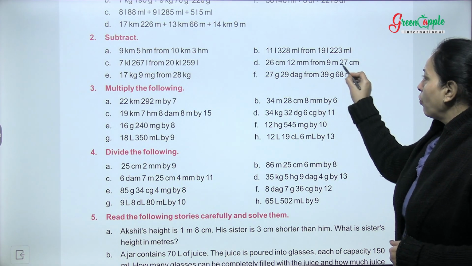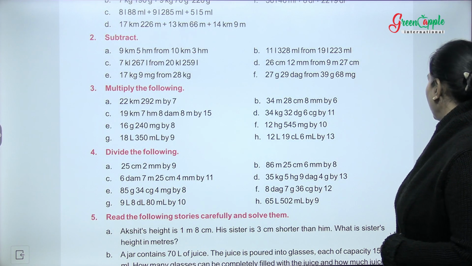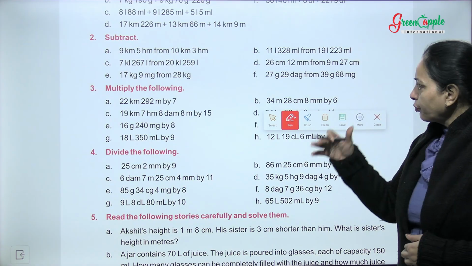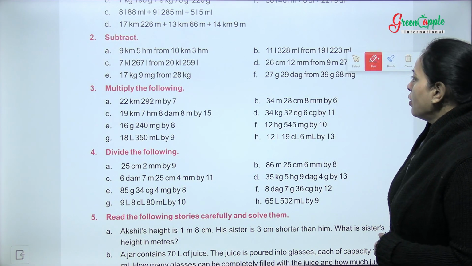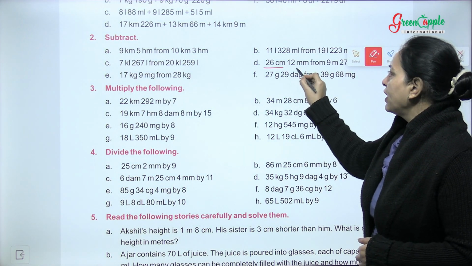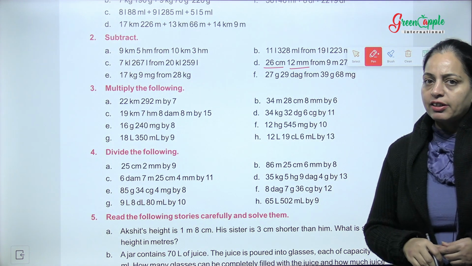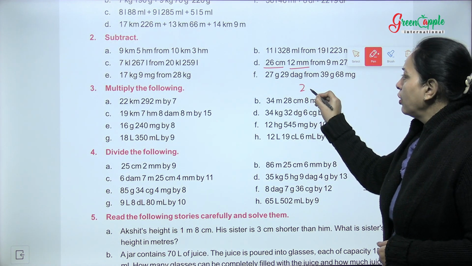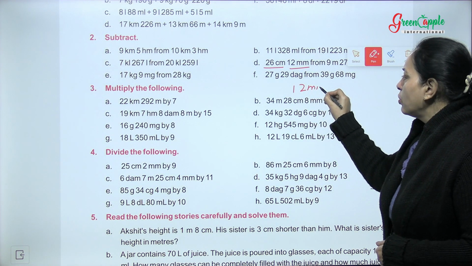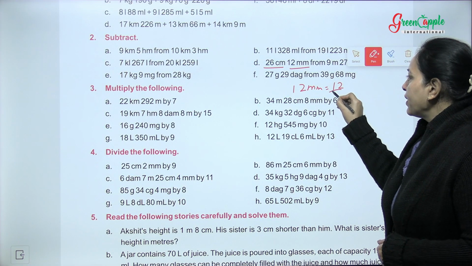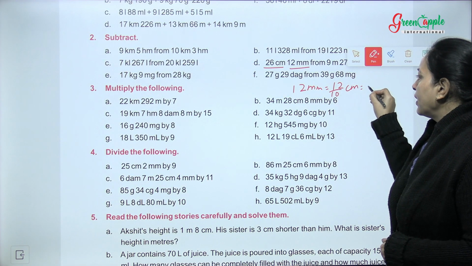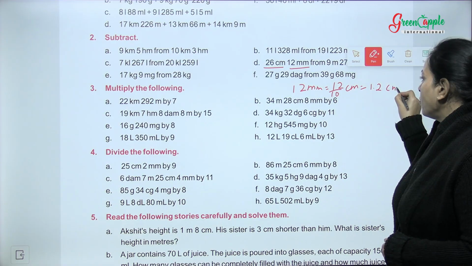Okay. Now see the second question, subtract here, like D part, 26 centimeter 12 millimeter from 9 meter 27 centimeter. So first convert all these into centimeter. So what will you get? 26 centimeter and 12 millimeter. So this would be, you know, 12 millimeter equals 12 by 10 centimeter, that is 1.2 centimeter.